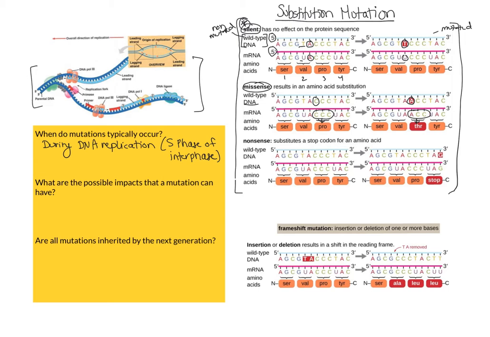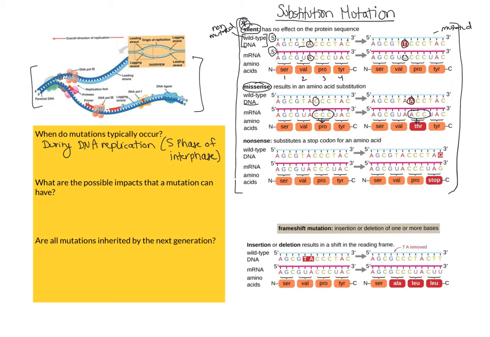Okay, and then lastly, a nonsense substitution mutation is actually where that mutation doesn't change an amino acid into a different amino acid, it actually changes it into a stop codon. And this can often cause translation to stop abruptly, right? Because this stop codon has now been created as a result of this substitution mutation.